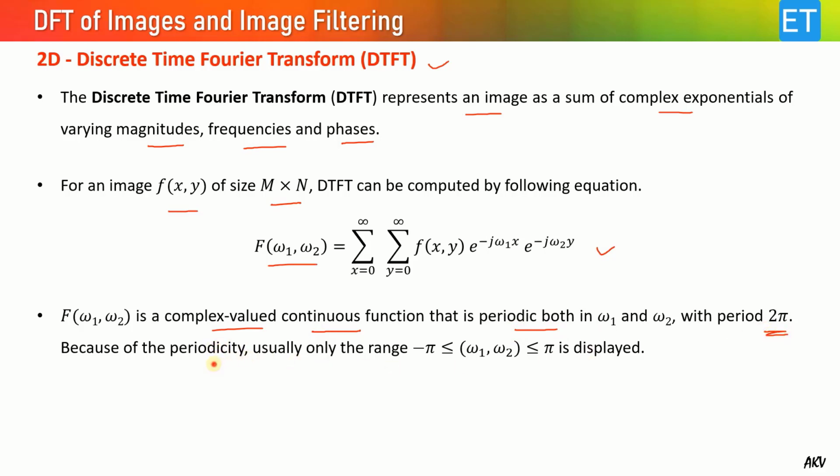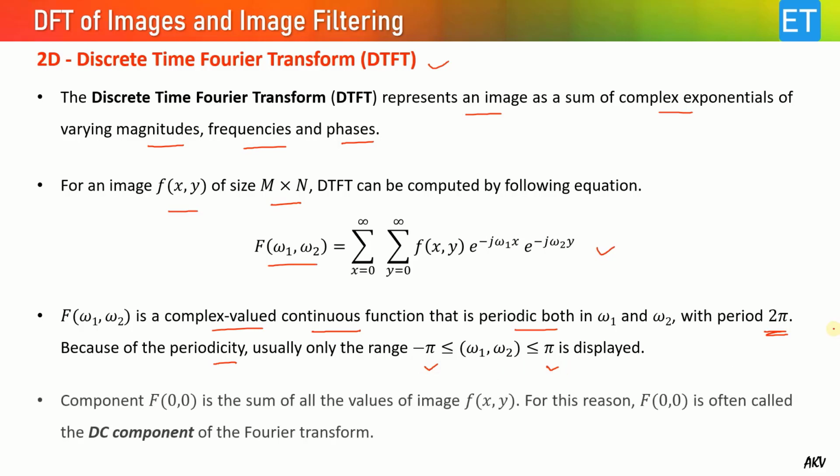Because of this periodicity, it is usually displayed from minus pi to plus pi, that is, over 2 pi. And the component F(0,0) is obtained for omega1 equal to 0 and omega2 equal to 0. Of course, it is the sum of all the values of the image f(x,y).